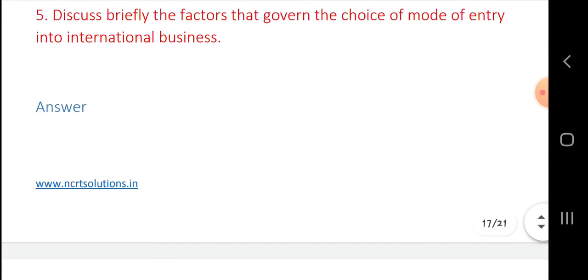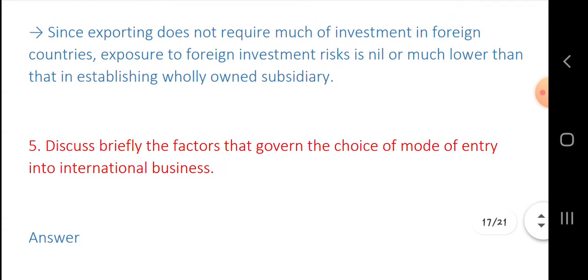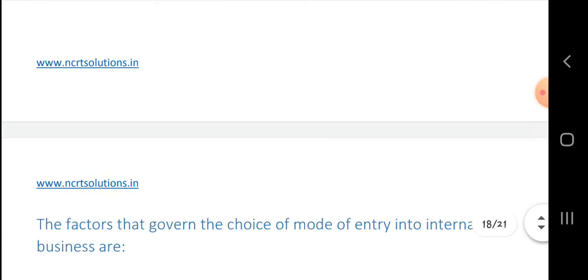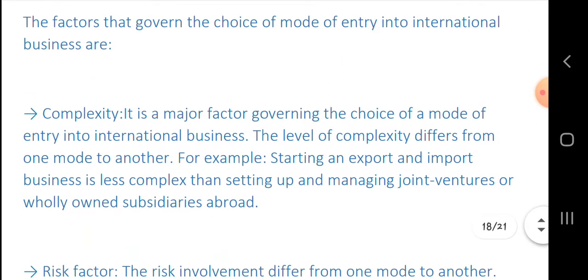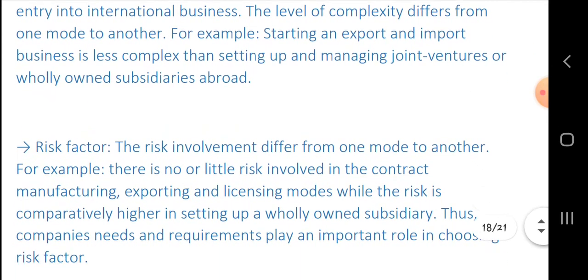Since exporting does not require much investment in foreign countries, exposure to foreign investment risk is nil or much lower. Next, let us briefly discuss the factors that govern the choice of mode of entry into international business. Complexity is a major factor governing the choice of mode of entry, along with the risk factor.